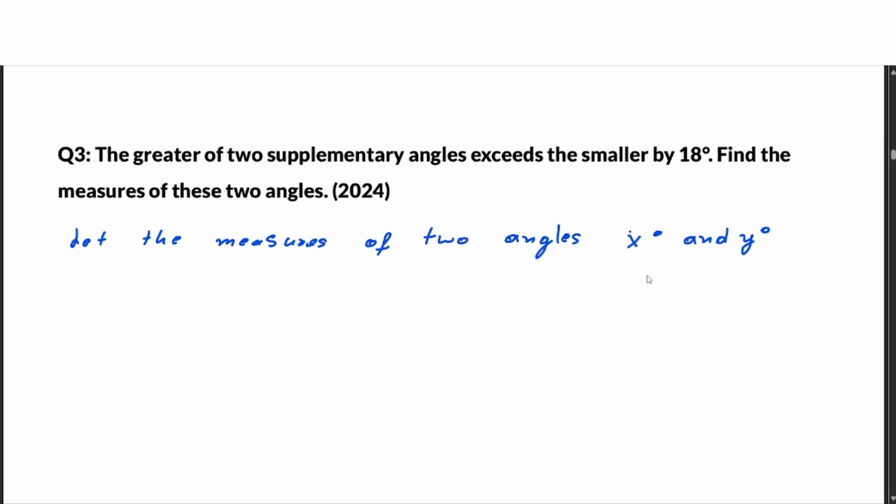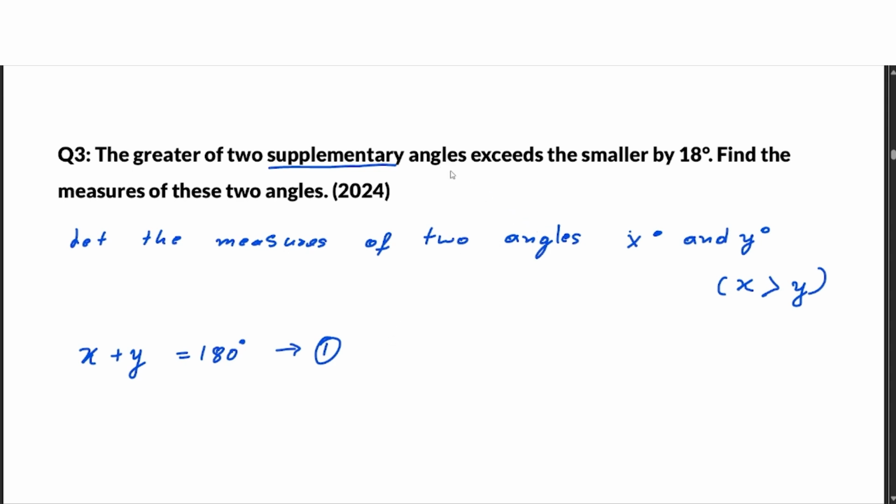We have to say it in such a way that x is greater than y. Because it is a supplementary angle, we can say x plus y is equal to 180 degrees. That is one equation, because the sum of supplementary angles is equal to 180 degrees.